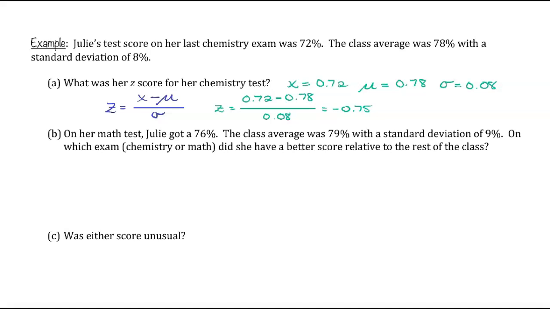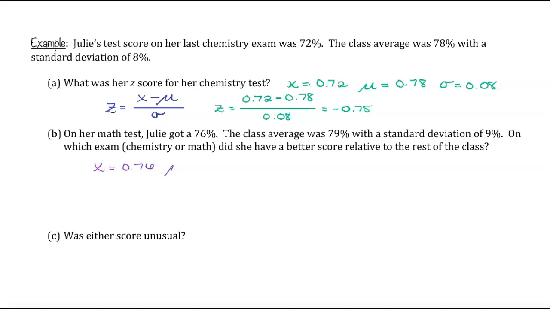These two data values, her chemistry exam and her math test, are from two different populations. And so we cannot simply compare the 72% and the 76%. What we can do is calculate the z-score for the math test and then compare that to the z-score for her chemistry test. In this case, the data value is her score, 76%, or 0.76.